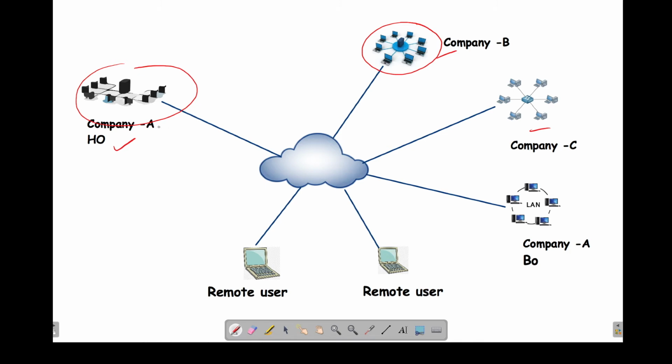Even company A's head office and branch offices talk to each other using internet. Even the remote users and mobile users of company A, let's say working from home, access the resources in the company through internet. We try to send video, data and also voice through internet.